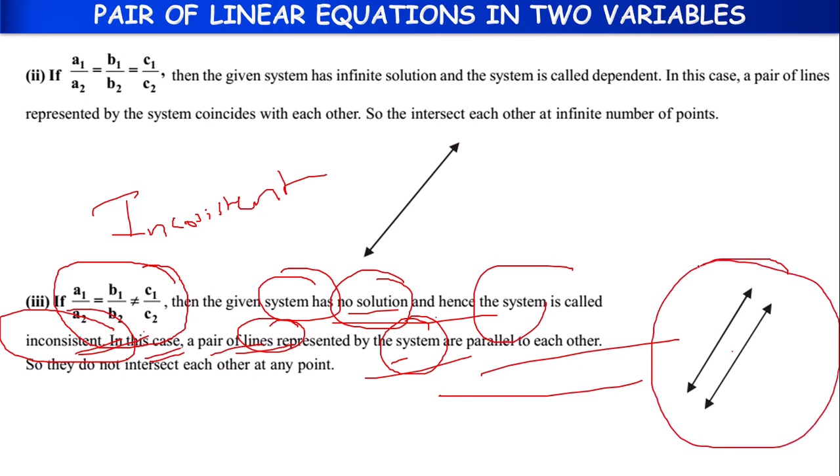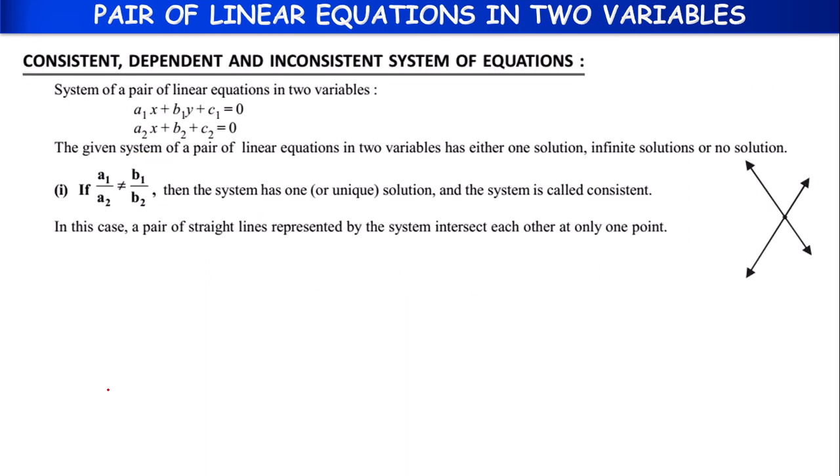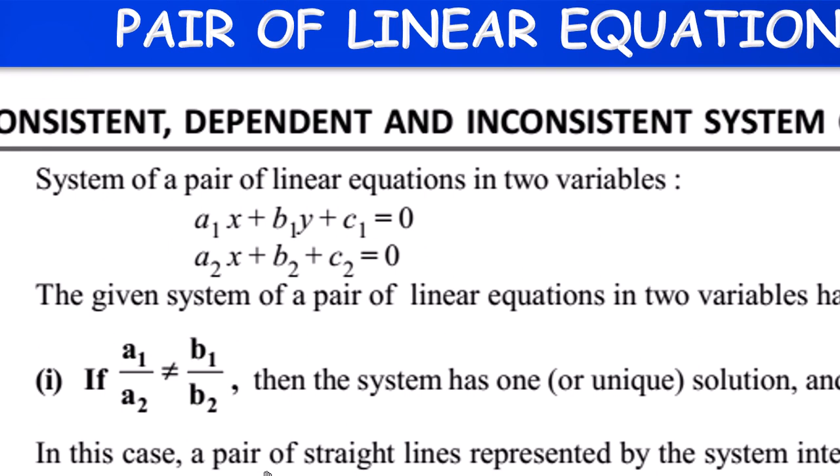They do not intersect at any place, though we extend them in any direction. They are parallel, so this system of equations is called an inconsistent system of equations.